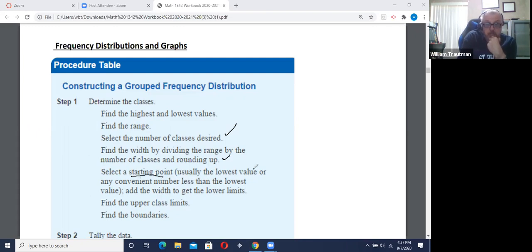That's a good thing. It is always our lowest data value. Our starting point, you should always start with the lowest data value. And then add the width to the lower limits. Find the upper class limit, find the boundaries, and then you're going to do the tally marks and all that.